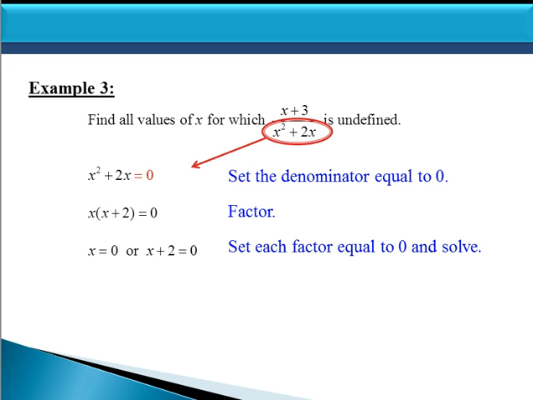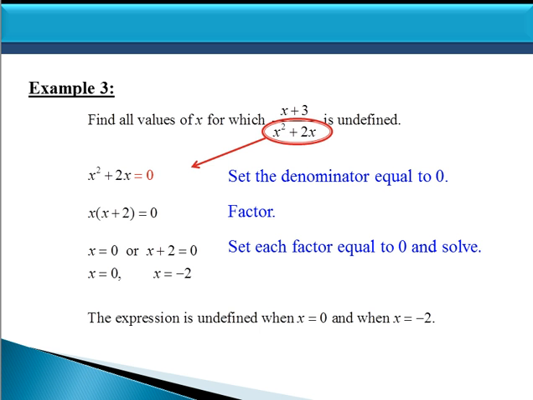And then if we solve the other equation, x plus 2 equals 0, we get x equals negative 2 as our other answer. So this original rational expression will be undefined when x equals 0 and also when x equals negative 2.